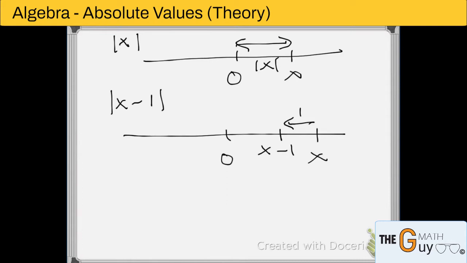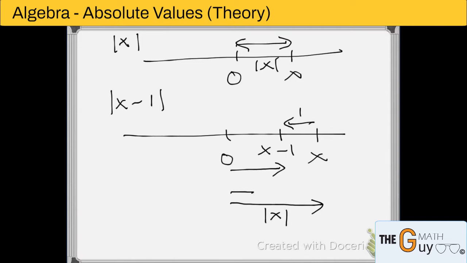It is the distance between 0 and x minus 1. Great. Now, there's another way to look at it, and that is what we're going to use in the GMAT problems. This distance, from 0 to x minus 1, can I say that it's the same distance as this, which is absolute value of x?